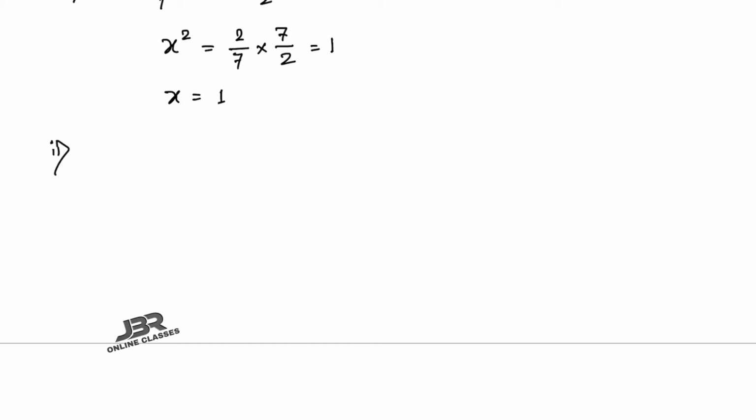Okay. Now next one, number 2. In number 2, x plus 9, then here x minus 6 and 4 are three consecutive terms. So here you can write down x minus 6 whole square, equal to 4 into x plus 9.